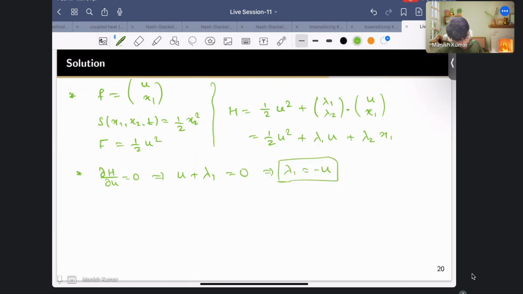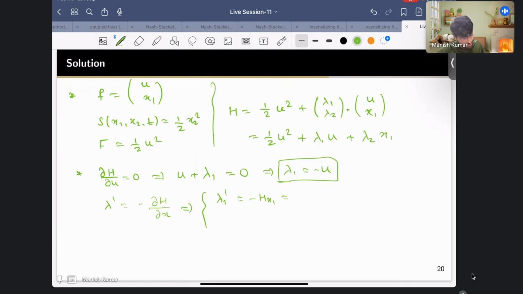The second one was lambda prime is equal to minus del H by del x. Here we have two components, right? The first is lambda 1 prime is equal to minus del H by del x1, or simply minus H x1.